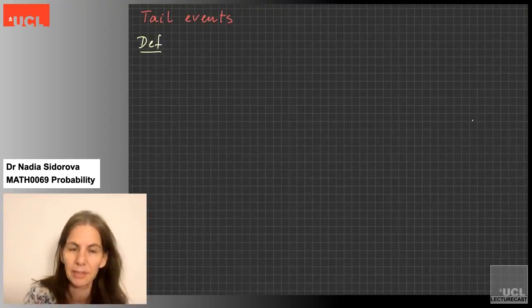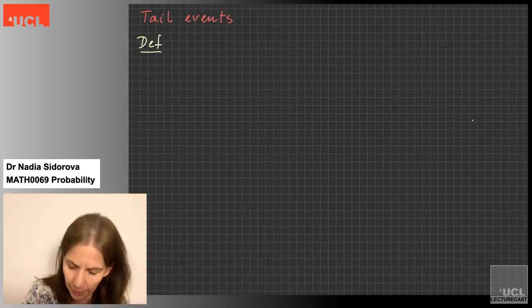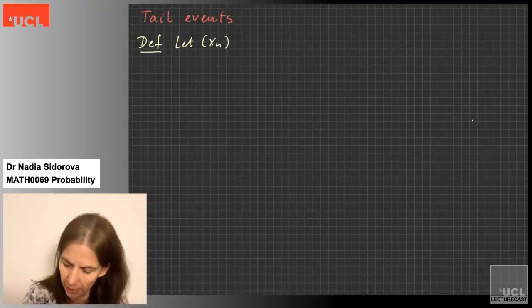So I'll start by saying that I have a sequence of random variables. I'm not making any assumptions about it, like independence or something, no assumptions yet.